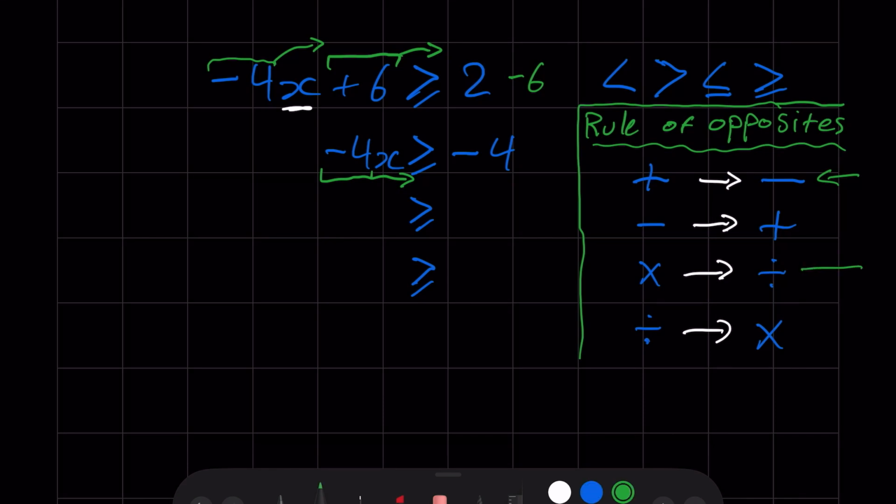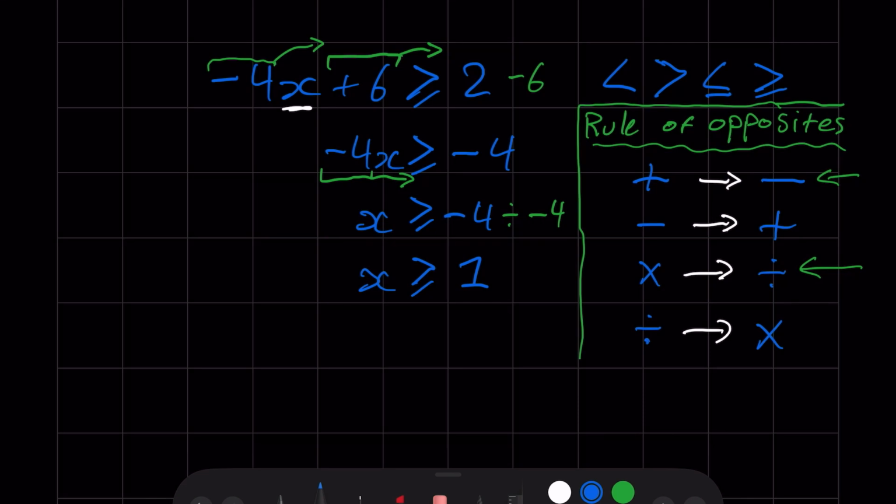So the opposite of multiplication is division. So we will write x is greater than or equal to negative 4 divided by negative 4. So we're keeping that negative there with the 4 when we move it over. So x is greater than or equal to negative 4 divided by negative 4, which is 1.